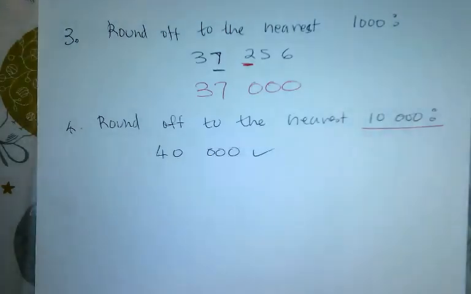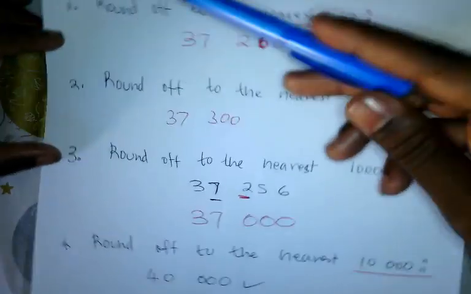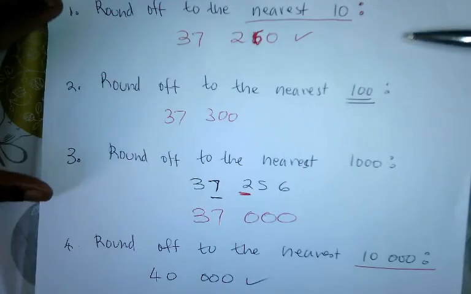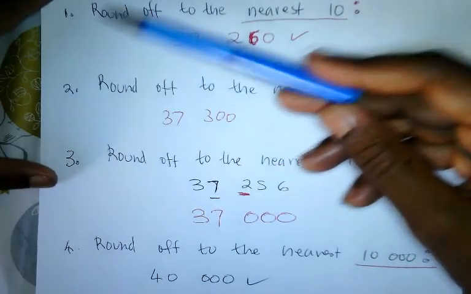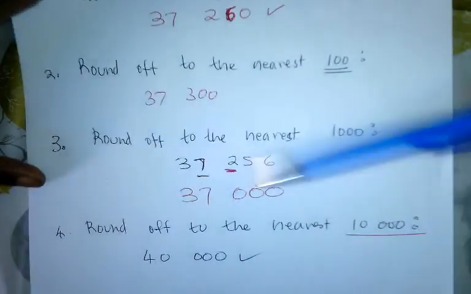Can I give you a question to do? So you're going to copy the same questions. Apply for the question that I'm giving you. Are you all clear? You're going to write the question, round off to the nearest 10, and then write the answer, number 2, number 3, number 4. Please do this one. Example 2. Question.